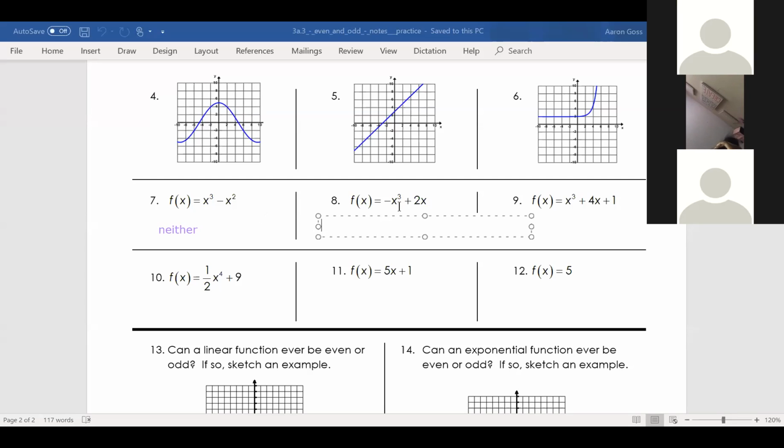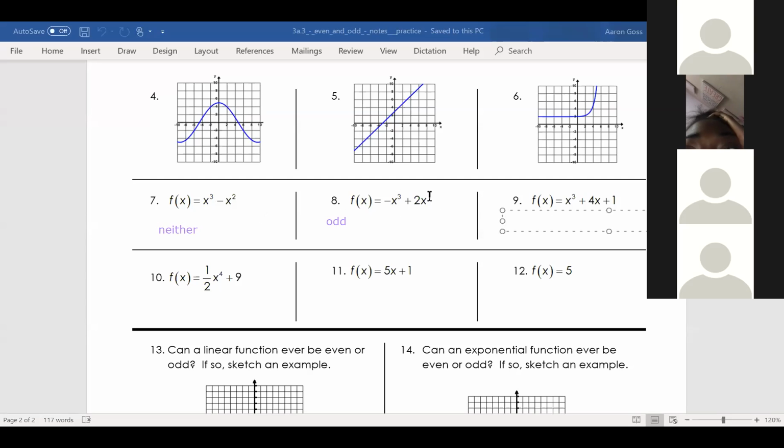How about this one? I'm looking at the exponents. I got a 3 and a 1, right? Odd. Yes. That's where we're looking at the exponent, Isaiah.